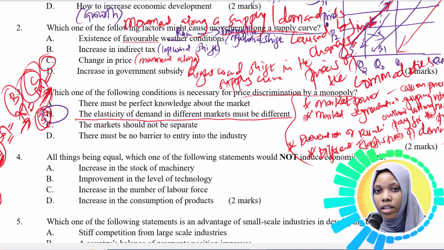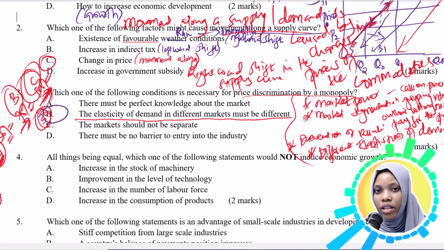We move to question number 4, and it reads, all things being constant, which one of the following statements should not induce economic growth? Choice A is increase in the stock of machinery.